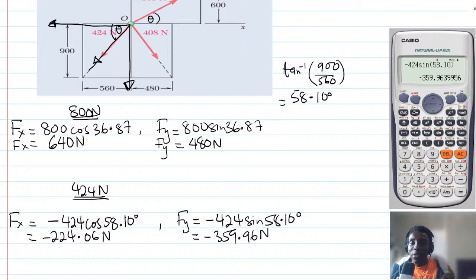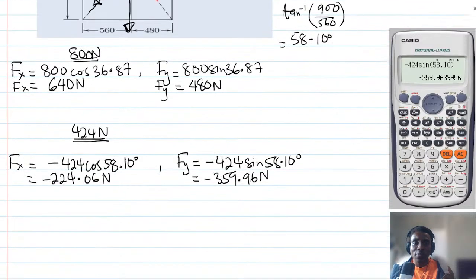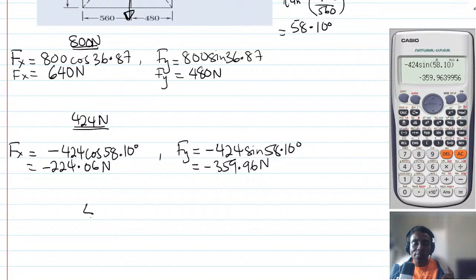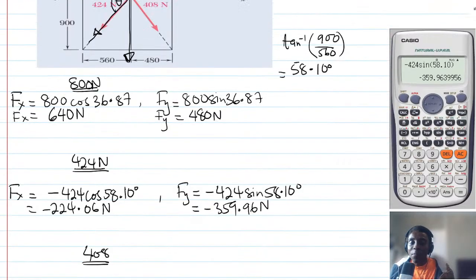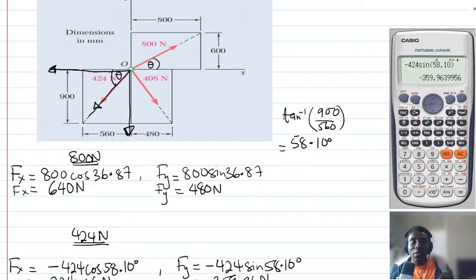And the last one, which is 408. So that one too is the same thing. If you look at this side, it is also going to be 900.